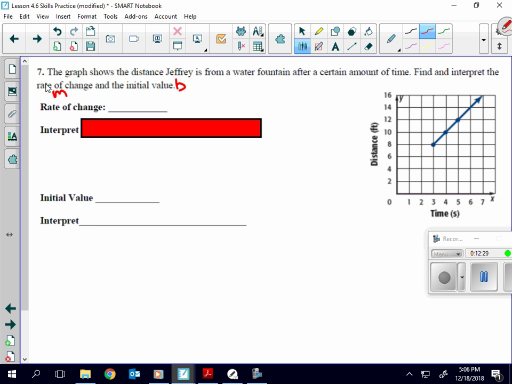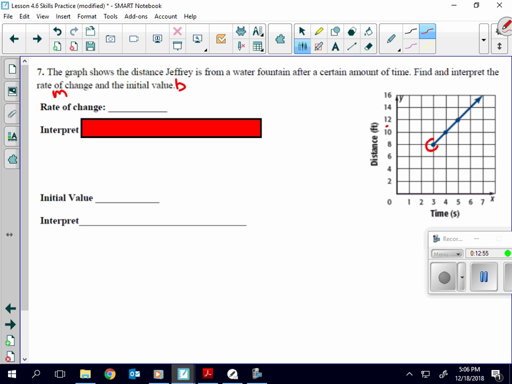You can do this multiple ways. You can just look over here and say we're going to go up by, it looks like 2, from 8 to 10 is 2, and we're going to the right, we're going over by 1. So the slope is rise over run, which is 2. Some people want to do the ordered pairs, okay, fine, you don't have to erase, you can do that one if you like it.